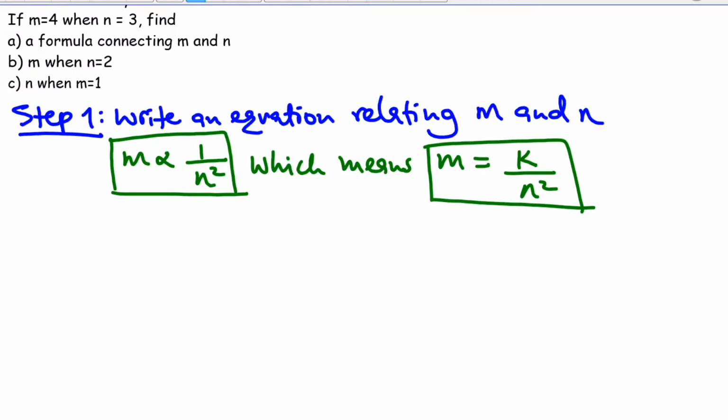So step 2, substitute m equals 4 and n equals 3 to solve for k.